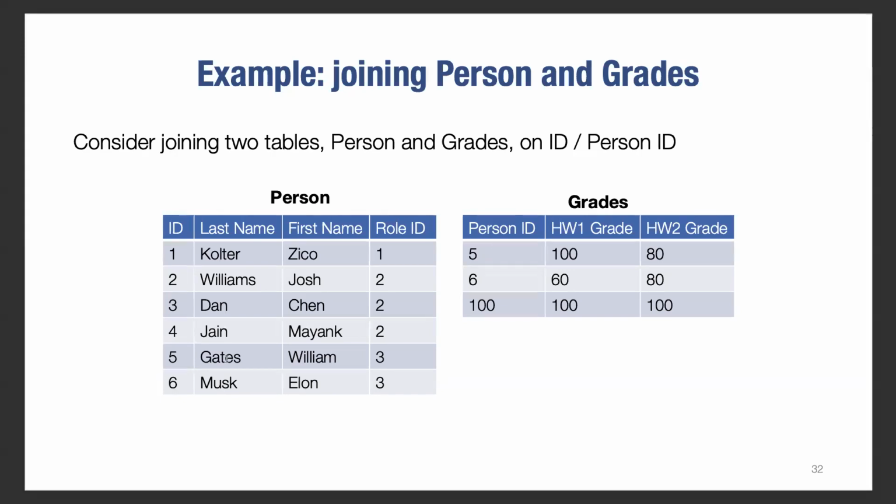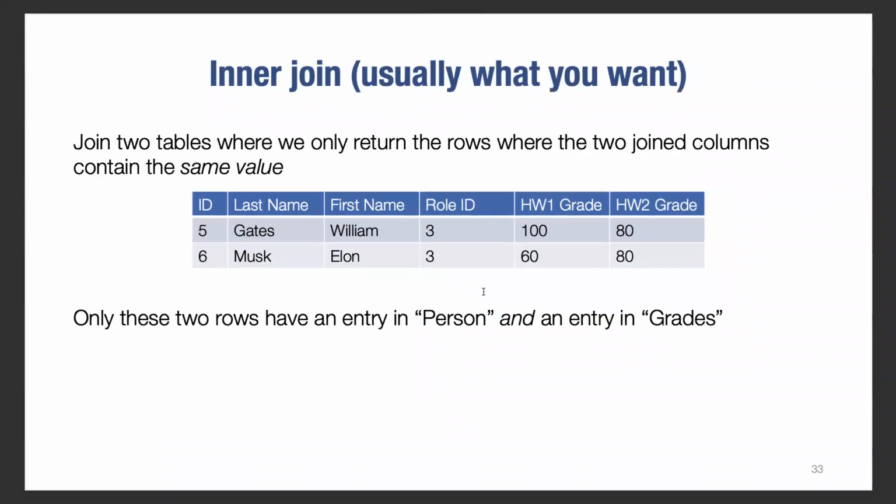So you're only going to return Gates and Musk, and you're going to join both of them. So Gates William 380, Musk Elon 380. Exactly. Does that make sense? This is an inner join, and it is also known as an intersection, if you're looking at sets.